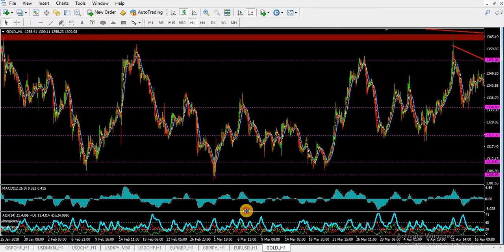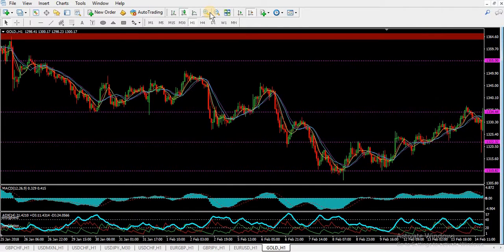Do you want to blow your account? No, then don't trade against the trend. Do you want to blow your account? No, then don't trade against the strategy. If you trade against the strategy, you will blow your account, okay? Do you get it?